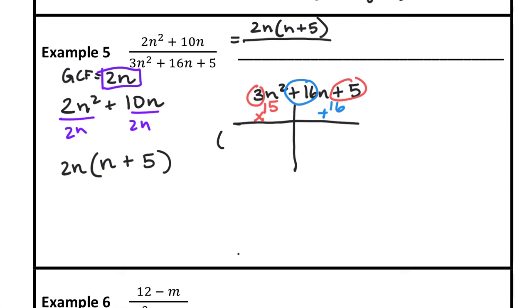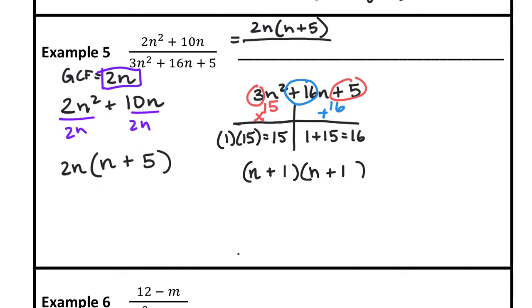So it's going to be 1 times 15 is 15, and 1 plus 15 is 16. Okay. And so we set up our parentheses, and we say the variable is n, positive 1 and positive 15.